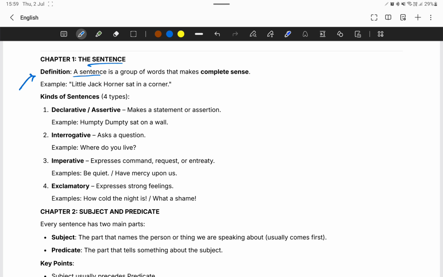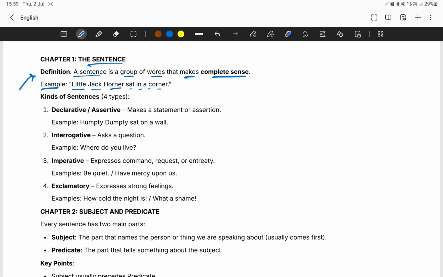So a sentence is a group of words. You know what words actually are. So a sentence is a group of words that makes complete sense. Example: little is a word, jack is a word, corner is a word, and sat in a corner, these are also words.